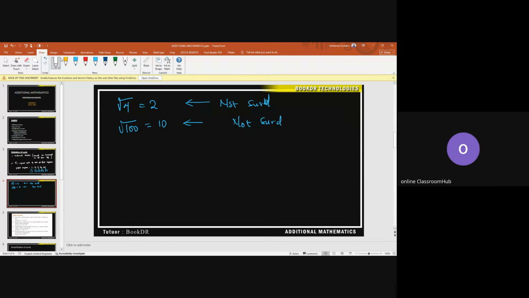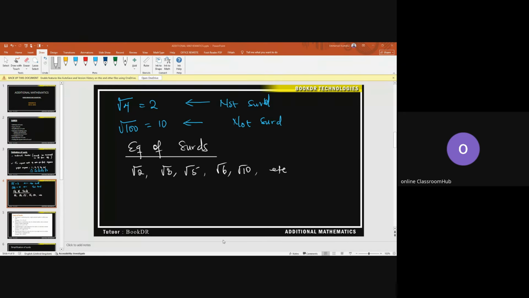Let me give you some examples of surds. Examples of surds include the square root of 2, the square root of 3, the square root of 5, the square root of 6, the square root of 10, etc. Once the number that we are finding the square root of is not a perfect square, then we classify that as what?